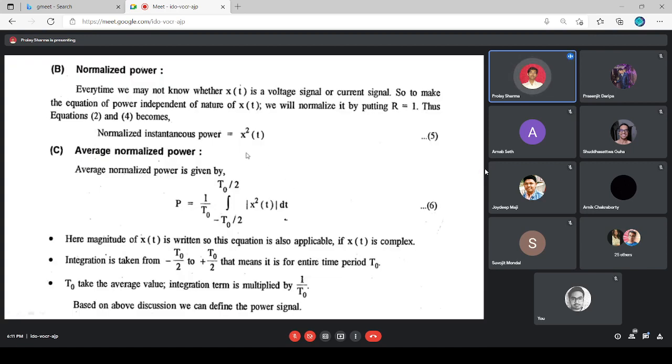So the normalized instantaneous power can be expressed by only the signal square, x square(t).